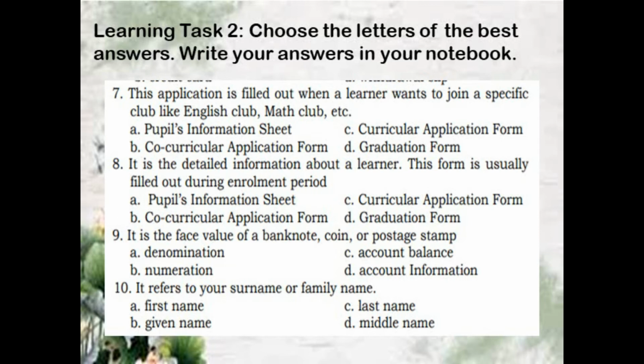It is the face value of a banknote, coin, or postage stamp. A. Denomination. B. Numeration. C. Account balance. D. Account information. 10. It refers to your surname or family name. A. First name. B. Given name. C. Last name. D. Middle name.